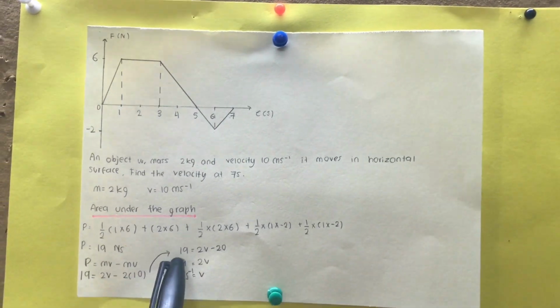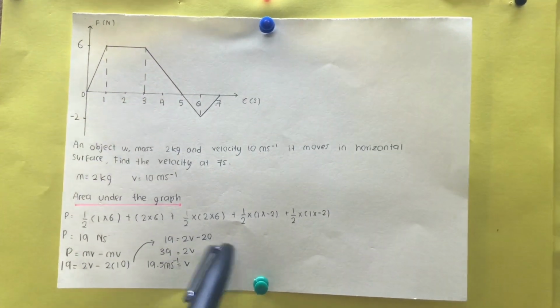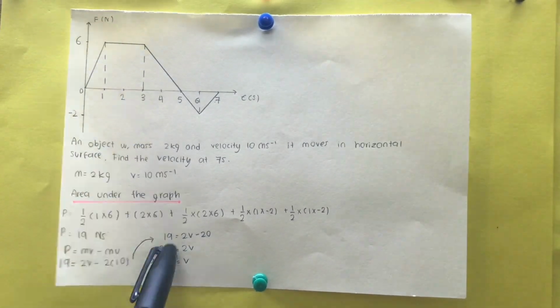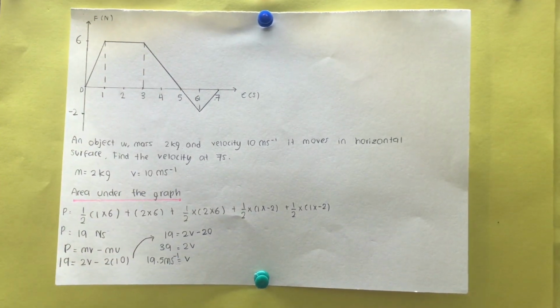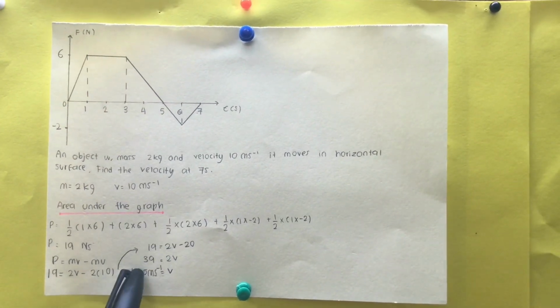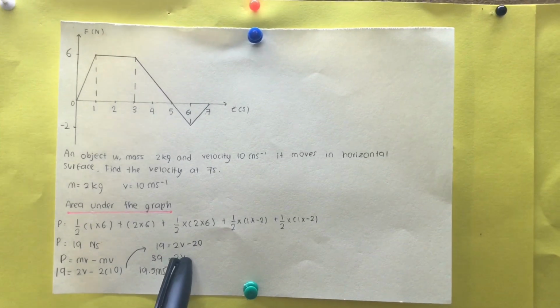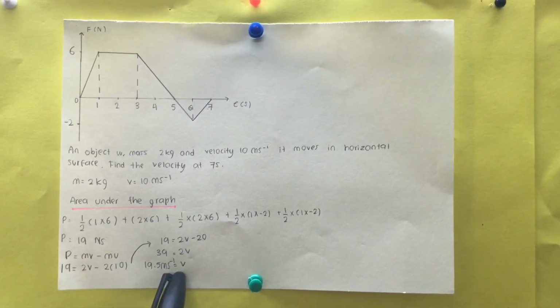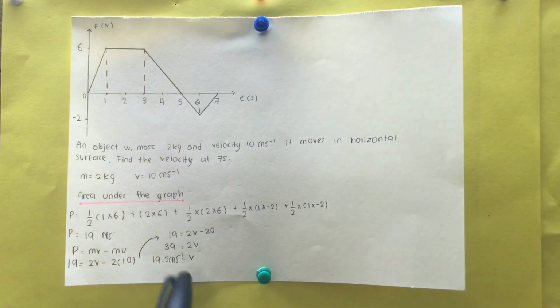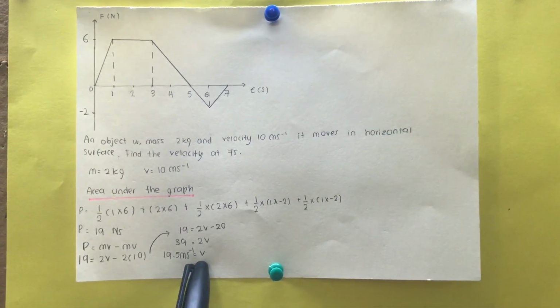So 19 equal to 2v minus 20. We bring the 20 over, so we get 39 equal to 2v. Let the coefficient be single, and v equal to 19.5 ms to the power of negative 1.